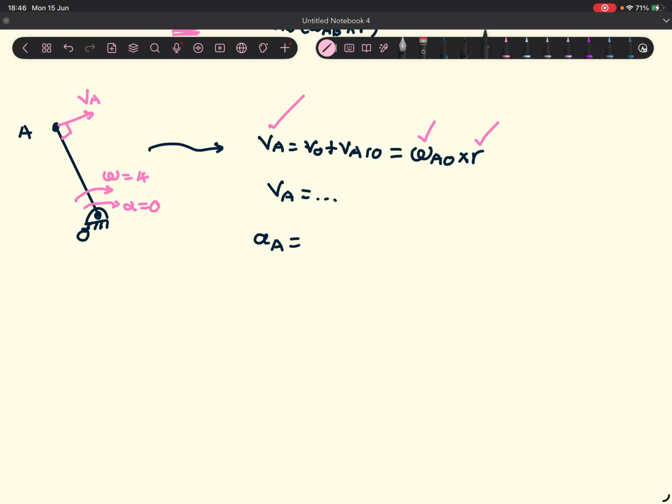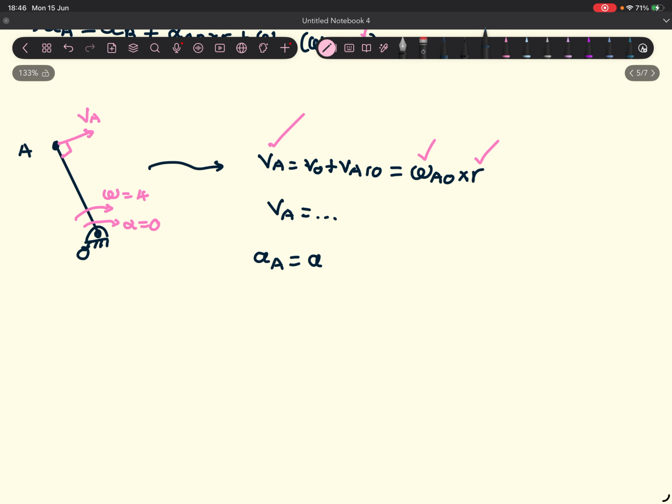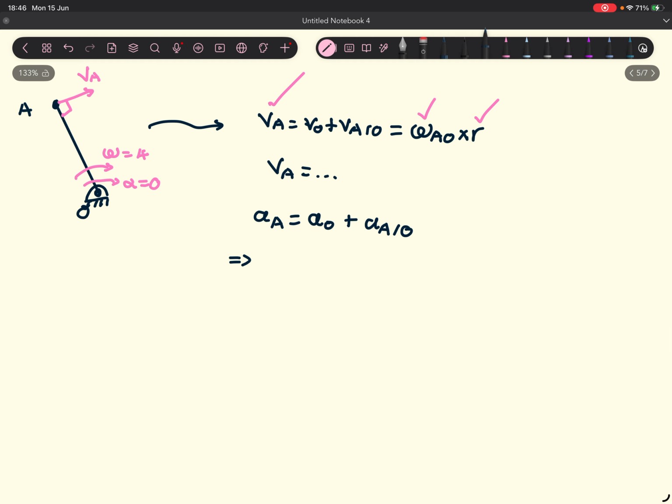So we're going to say acceleration at A is equal to acceleration at O plus acceleration at A relative to O, which means that acceleration of A is equal to, this is 0 because it's a fixed point, and then this is going to decompose into alpha AO cross with R plus omega AO into omega AO cross with R, right?